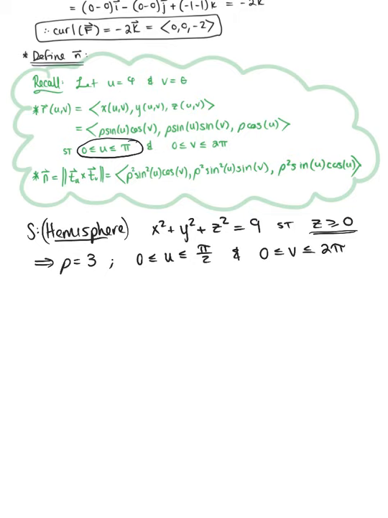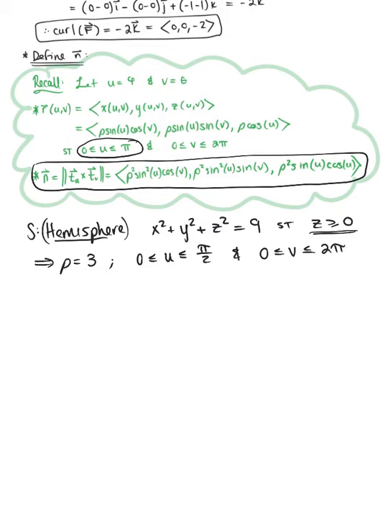And so we now want to define the normal vector specific to our given rho. The normal vector here for our hemisphere is defined as 9 sine squared of u cosine of v, 9 sine squared of u sine of v, and last but not least, 9 sine of u cosine of u.